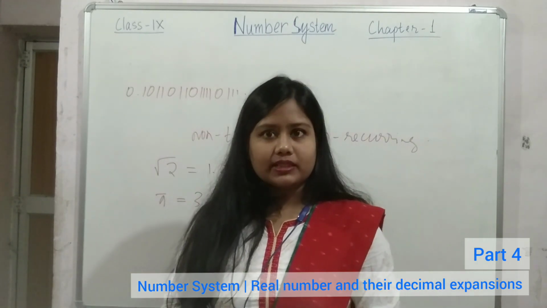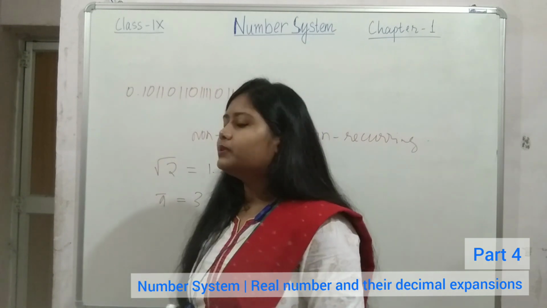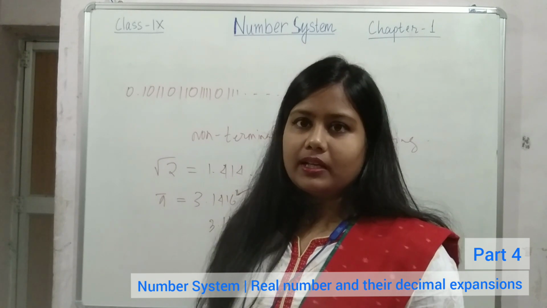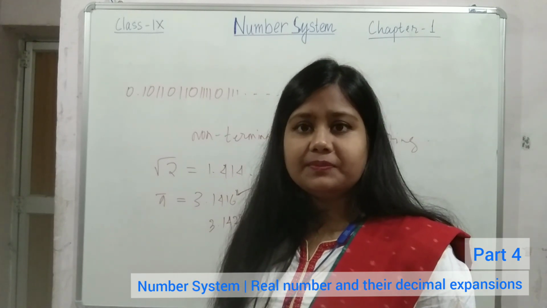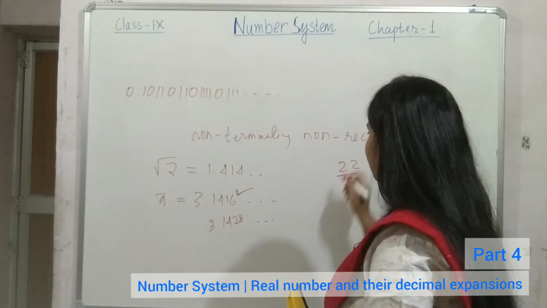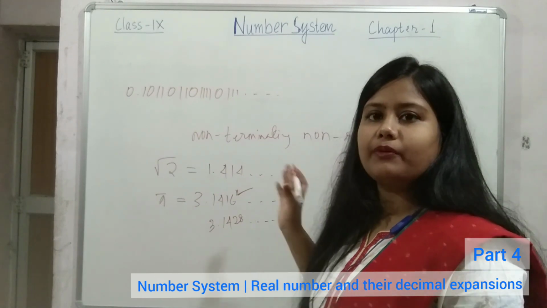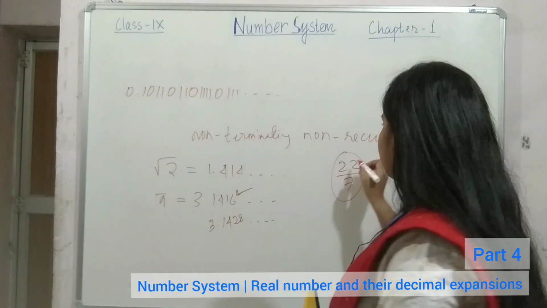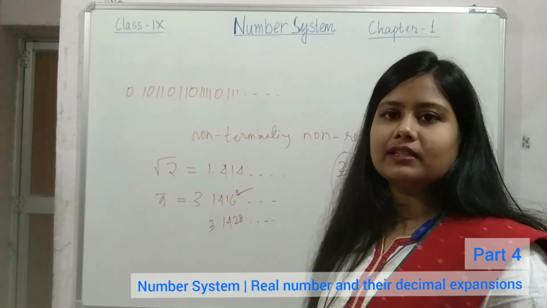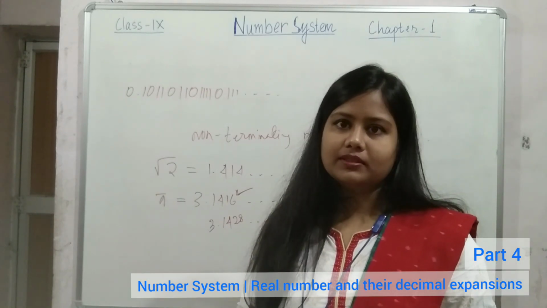You can refer to your textbook for better clarification. And pi has always been a topic of discussion. We consider the value of pi as 22 by 7. But this is not the exact value of pi. This is an approximation that we take. It is actually a rational number that we take in place of pi for better calculation. So pi and root 2 both are irrational numbers.